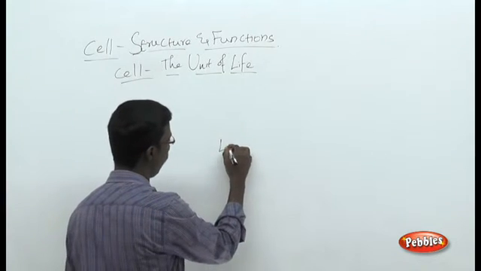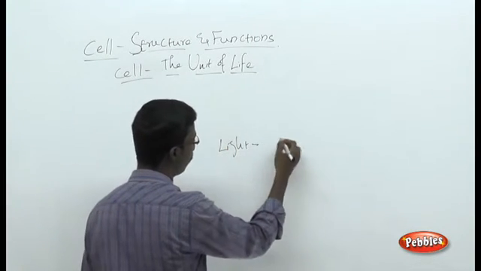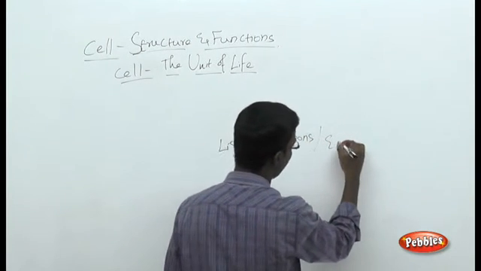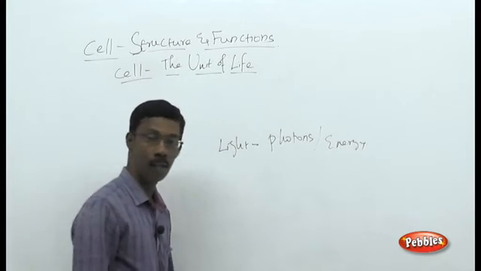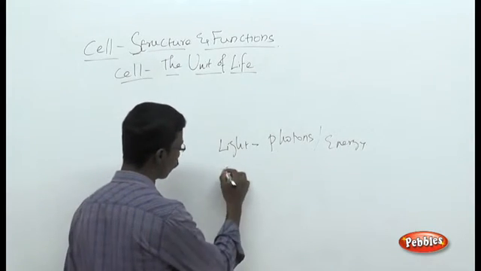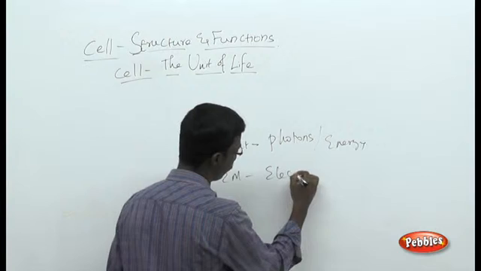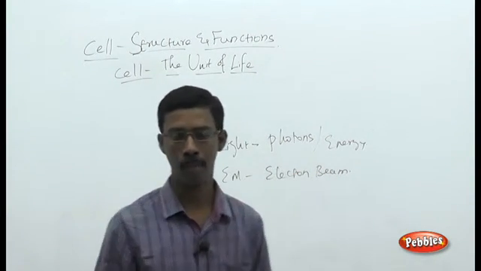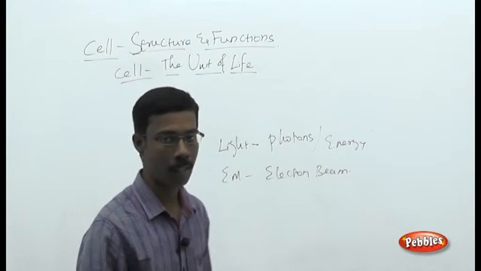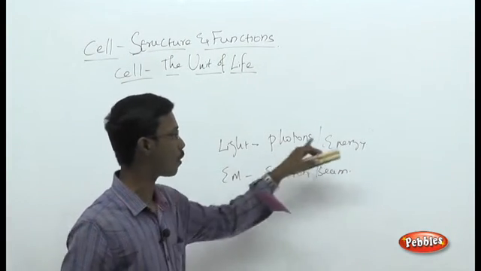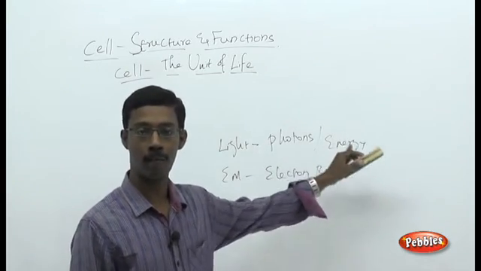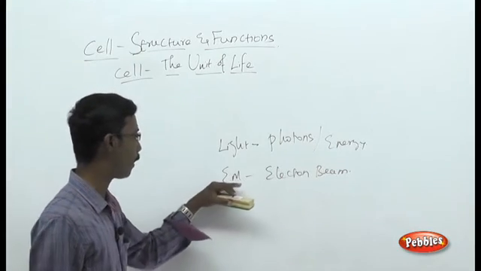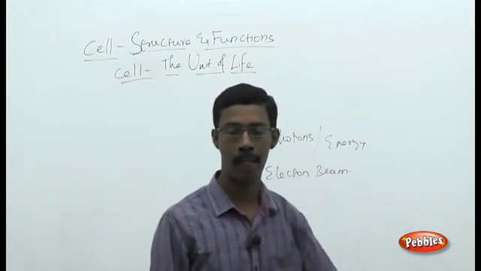The light microscopes use photons, the light source, as the energy for illumination, and the electron microscopes use electron beams. Photons are the light or energy sources used to illuminate the slides, and the electron microscope uses electron beams.